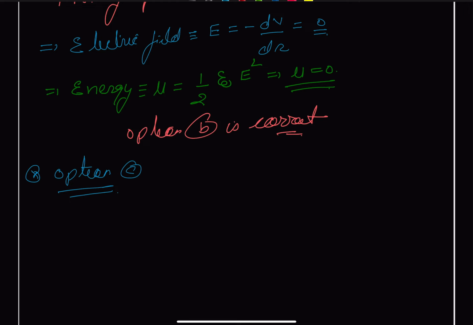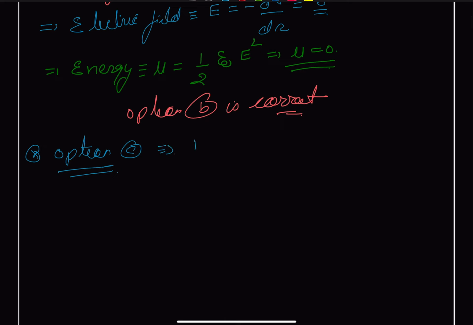And if you understand the discontinuity with respect to electric field at any surface, it basically implies that the surface charge density at that particular surface is going to exist. Okay, this is the meaning of the discontinuity.